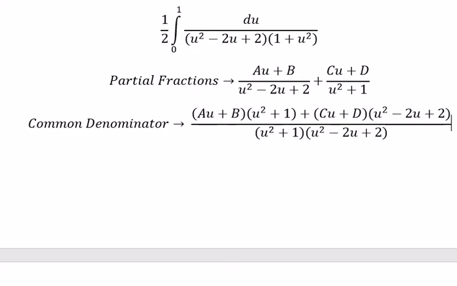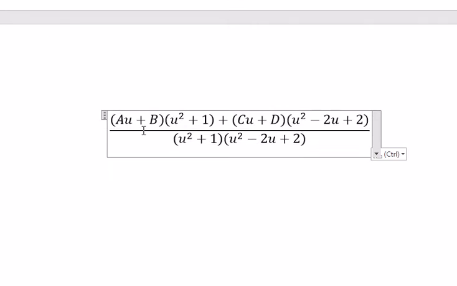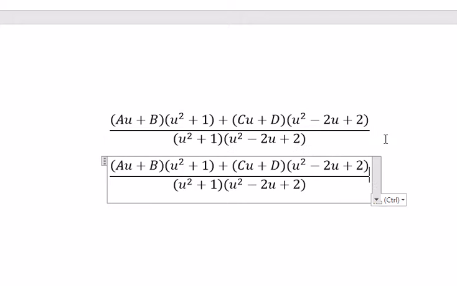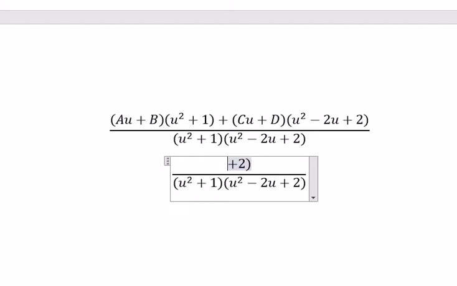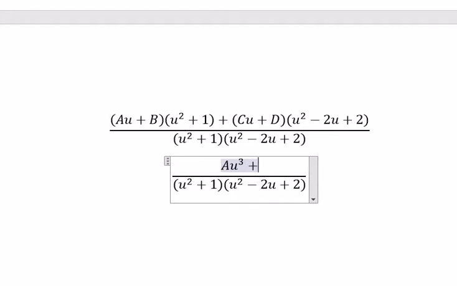So for this one, we need to expand. So we get au to the power of 3 plus au plus bu squared and b.